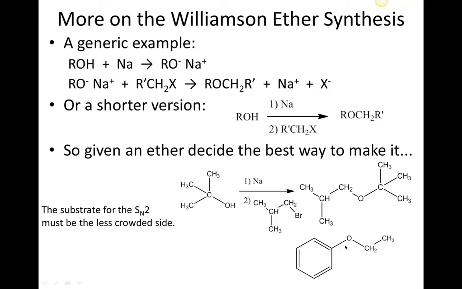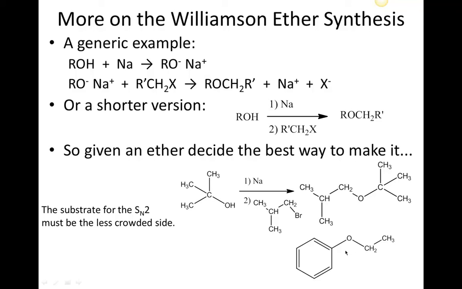Suppose we have this ether. Now, we don't know very much about aromatic rings yet, but I will tell you that aromatic rings, these carbons can't undergo SN2 reactions. I know we haven't studied them yet, but they can't flip. Remember, SN2 reactions do inversion of configuration. This carbon can't do that. This carbon is primary.